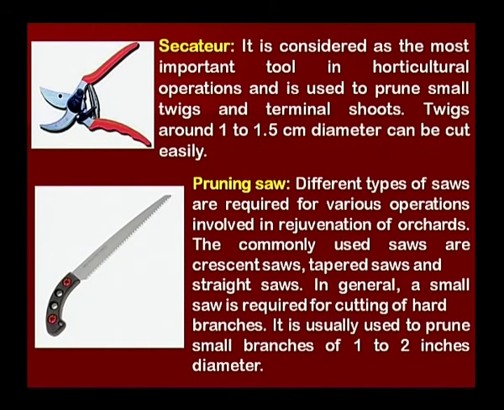Different types of saws are required for various operations involved in rejuvenation of orchards. The commonly used saws are crescent saws, tapered saws, and straight saws. In general, a small saw is required for cutting of hard branches. It is usually used to prune small branches of 1 to 2 inches diameter.